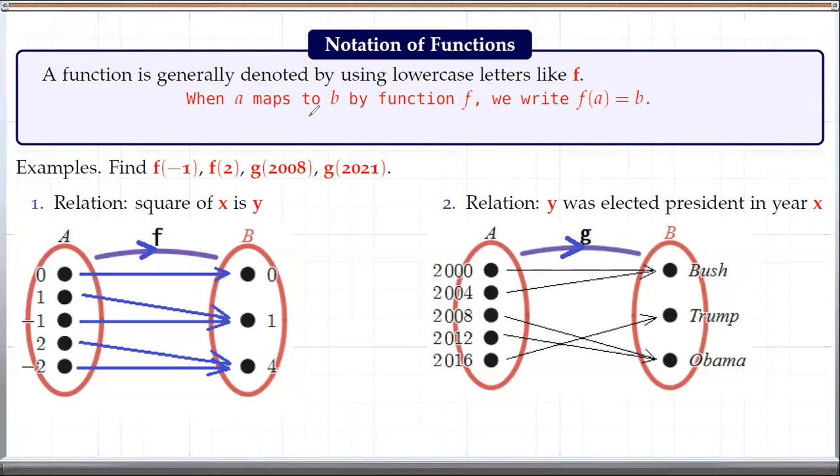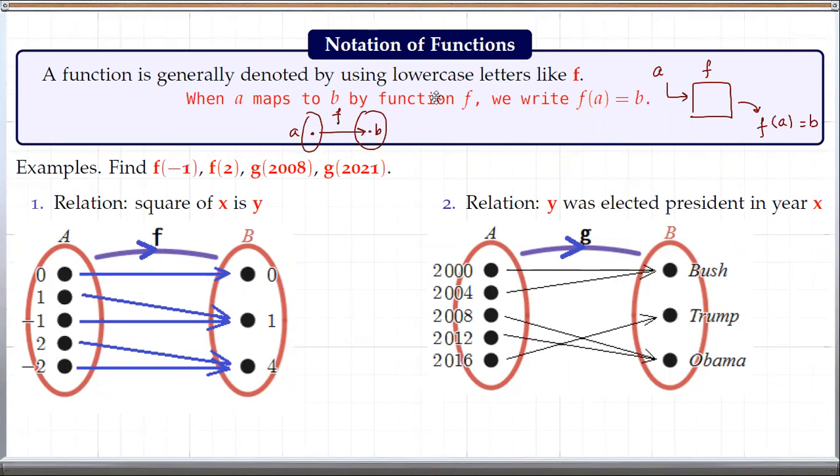So if you have a being mapped to b by f, then f of a is b. Another way to look at it is you can think of f as some machine. So your input is A and your output would be f of A, which is some other number B.